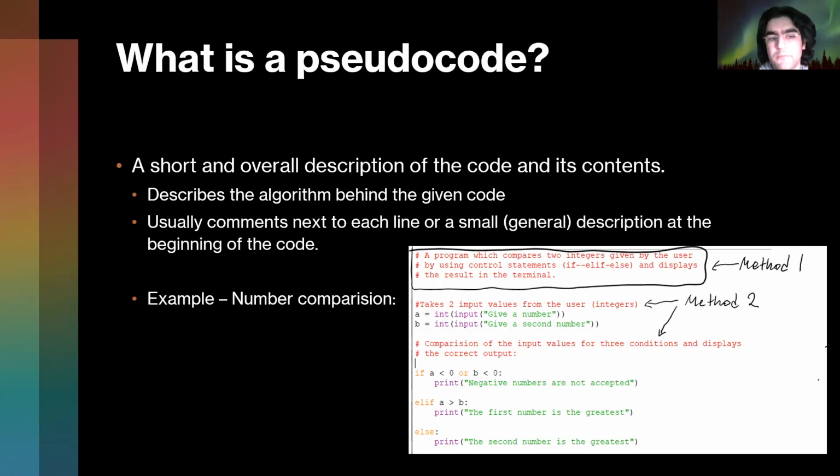And if you ask me, if you combine these two, a small paragraph or a small general description at the beginning of your code in combination with inline comments, which I've done here, I would say it's good. It looks very neat and it's what you have used.